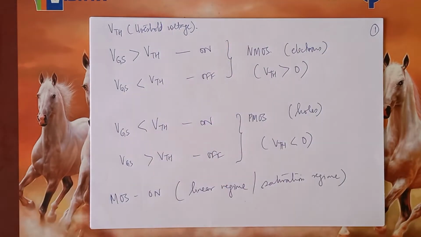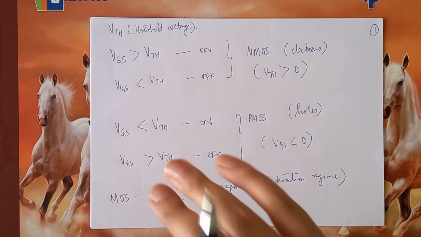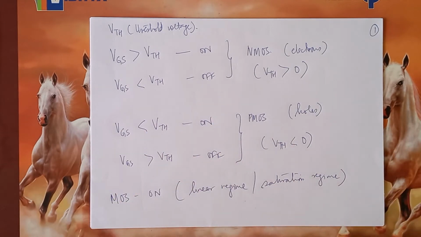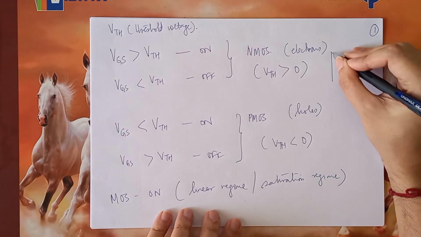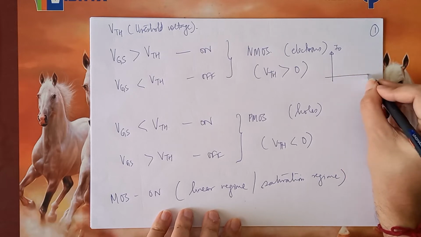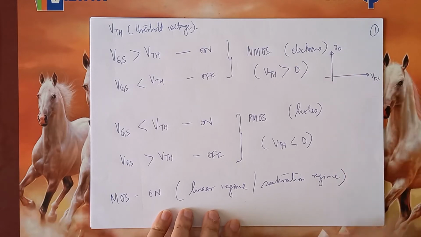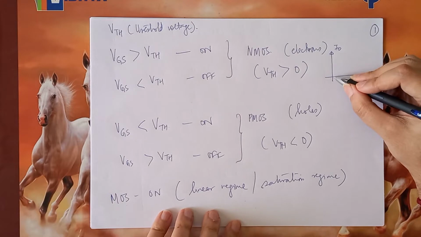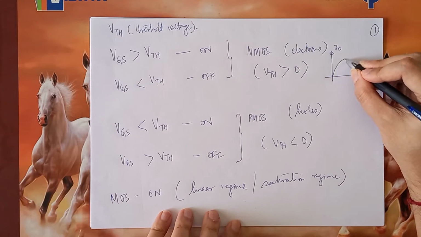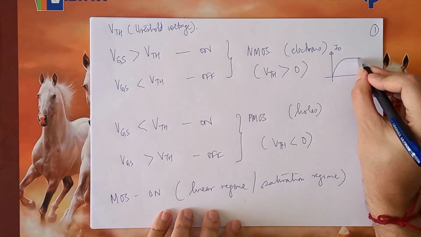Both of these have their own uses. We saw in terms of graphs what the current looks like as a function of the voltage. The graph is a little different in case of the linear regime and different in case of the saturation regime. So obviously both of them have their uses. For the NMOS, if you plot the drain current as a function of the drain to source voltage, it increases quadratically and then becomes constant.